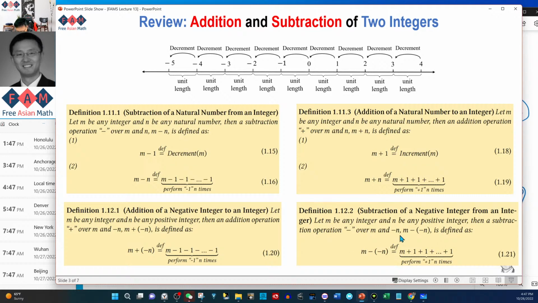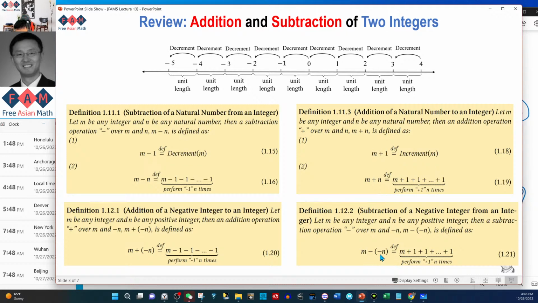And as to the final definition, this is a little bit tricky because now we want to subtract a negative integer. The definition is the same as if we want to add a positive integer.